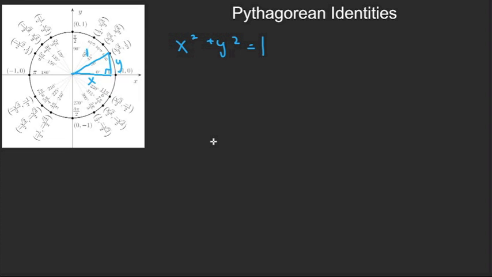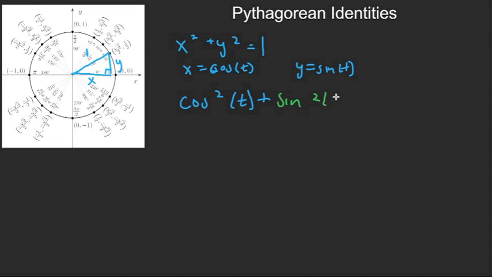So using what we know with trigonometric functions, we know that x is cosine of t and y is sine of t. So this can be rewritten as cosine squared of t plus sine squared of t equals 1.